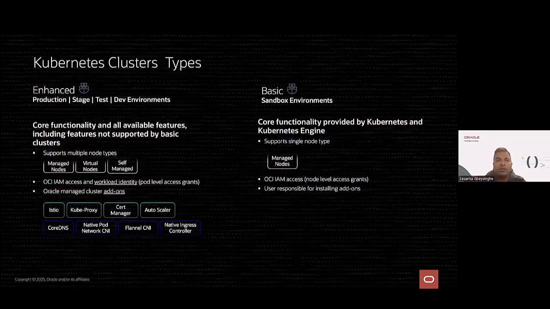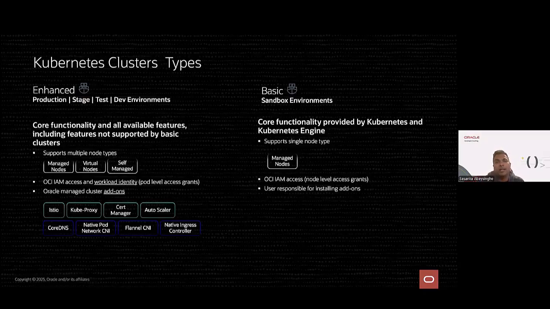When you deploy Kubernetes, there are two different cluster types. One is the enhanced cluster mode, which most customers use for production, and staging for a test or development environment.